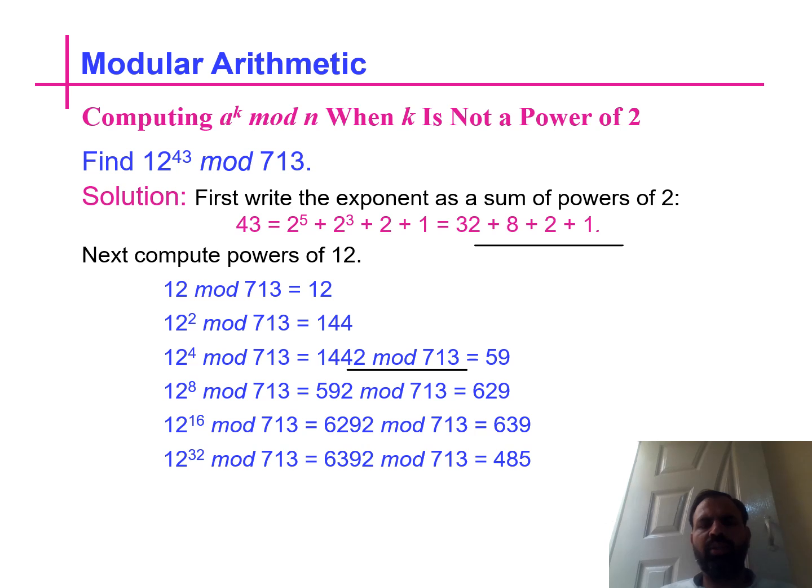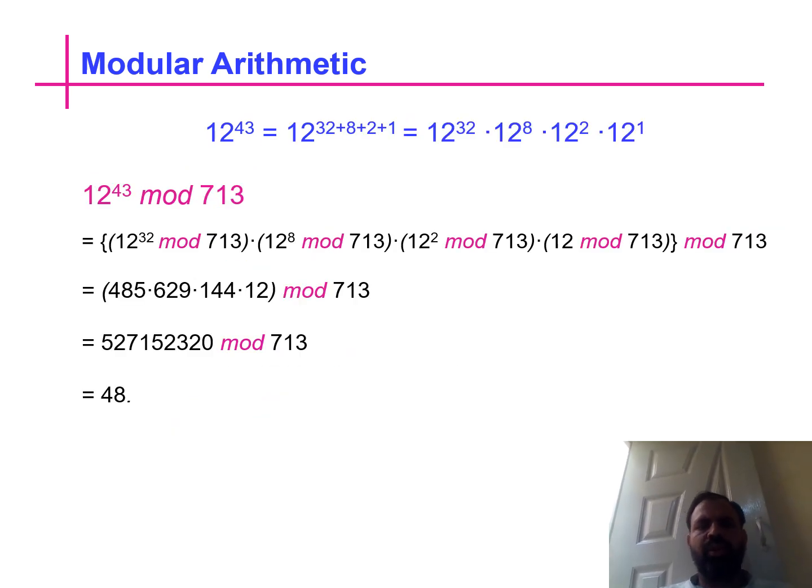And 12 raised to the power 8 is 59^2 mod 713, which is 629. Then 12 raised to the power 16 is 629^2 mod 713, which is 639. In the same way, 12 raised to the power 32 is 639^2 mod 713, which is 485. So we can solve this example by this, and the answer will be 48.